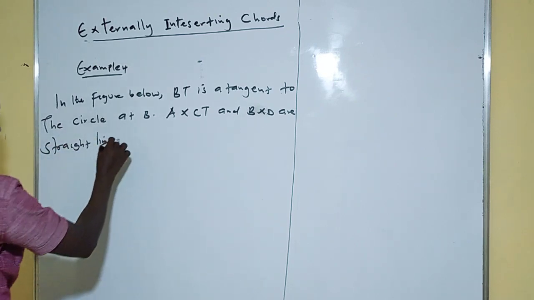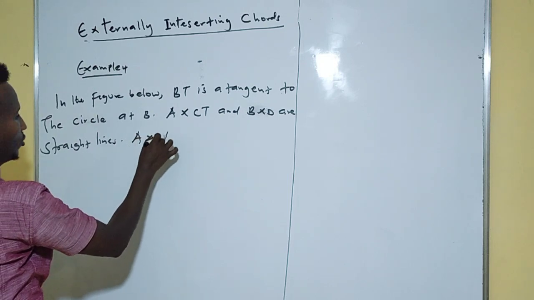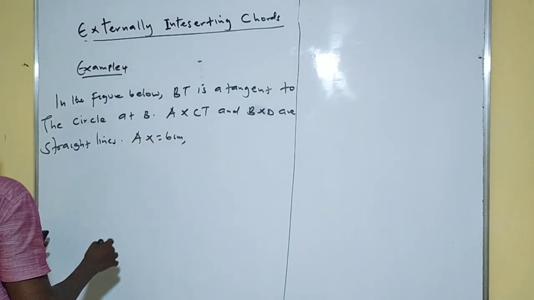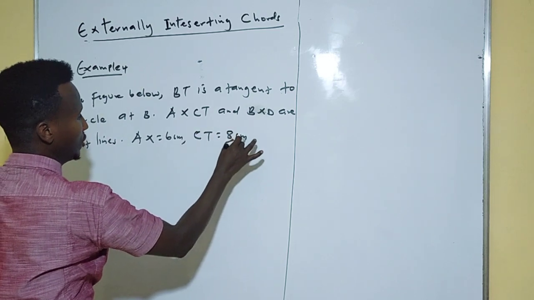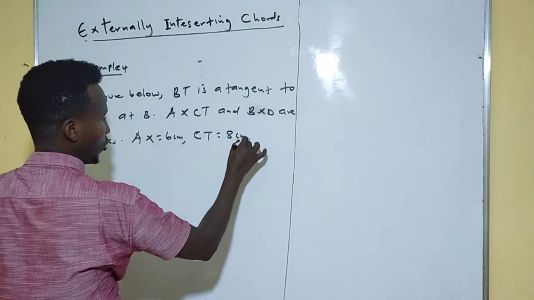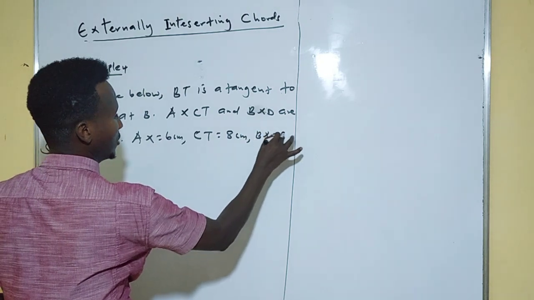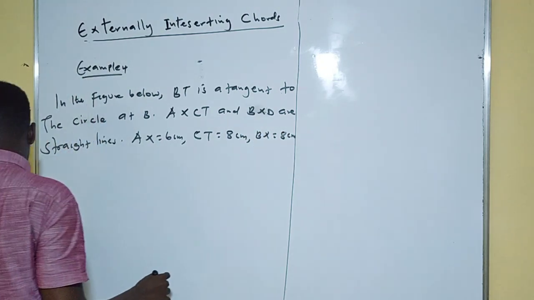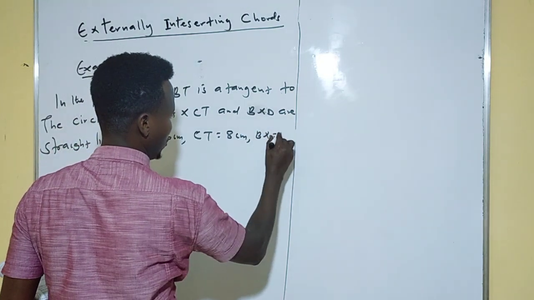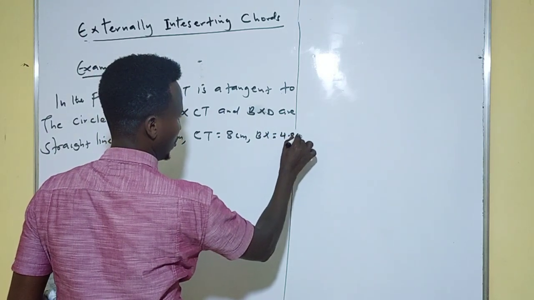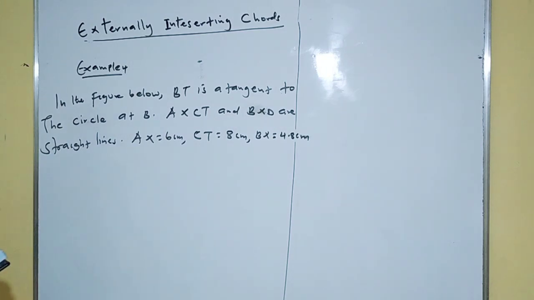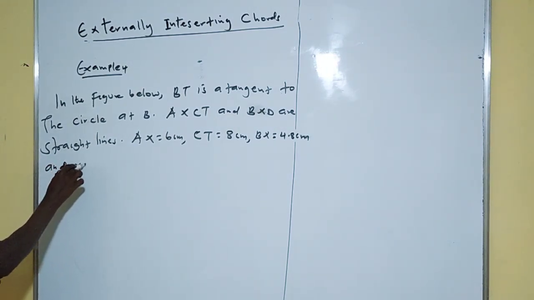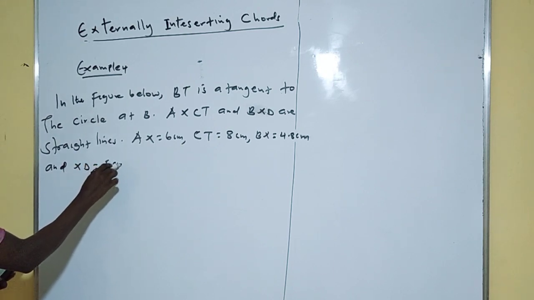AX is equal to 6 centimeter, CT is equal to 8 centimeter, BX is 4.8 centimeter, and XD is equal to 5 centimeter.